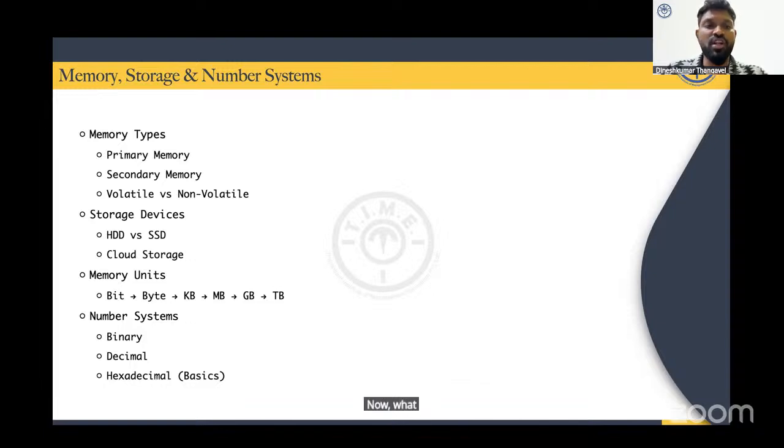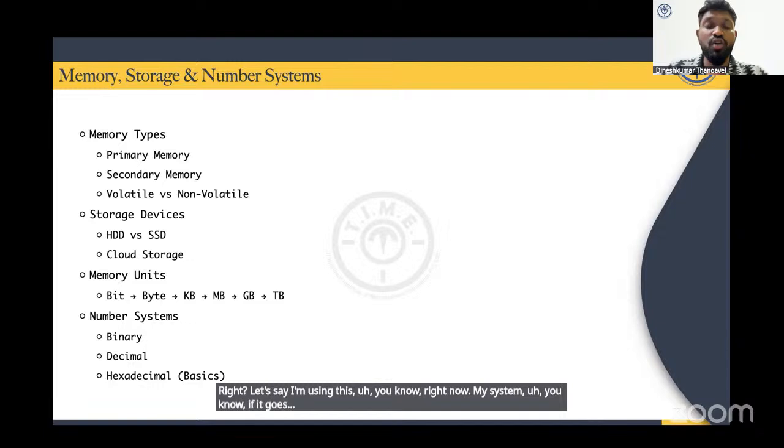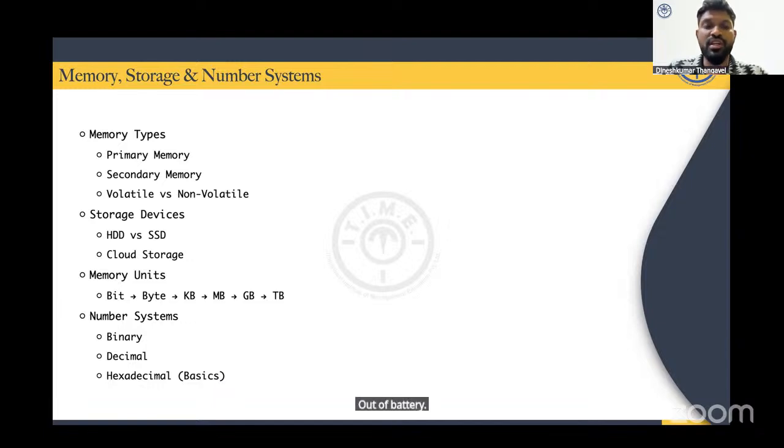Now, what is meant by volatile versus non-volatile memory? Another very common exam area. Volatile memory is where the data is lost when power is off. Let's say I'm using my system right now, and if it runs out of battery, whatever data is stored in volatile memory will go off. The volatile memories are RAM, cache, and registers.